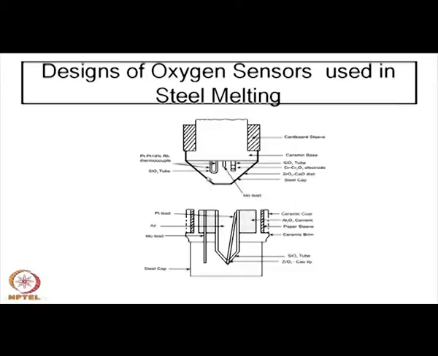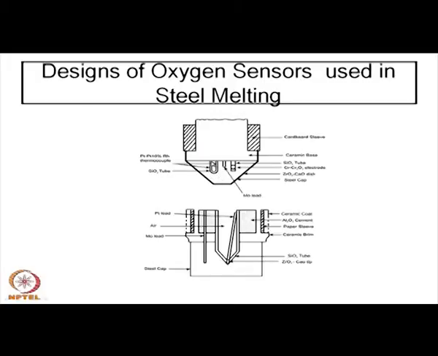Otherwise, it is protected by a steel cap. So, it is a steel cap which melts at the molten steel temperature and exposes this electrolyte to the molten steel.